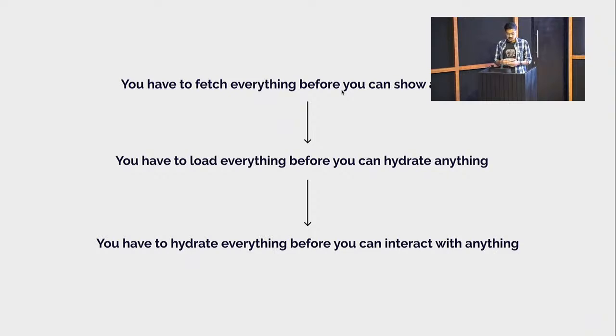And lastly, you have to hydrate everything before you can interact with anything. Hydrate is currently single pass in React, so the whole app needs to be hydrated in one go before the user can start interacting with it.